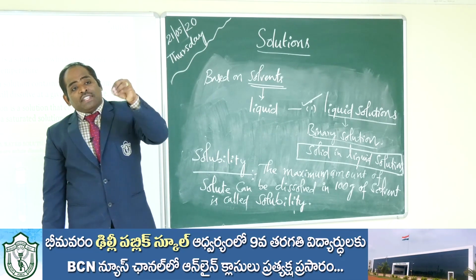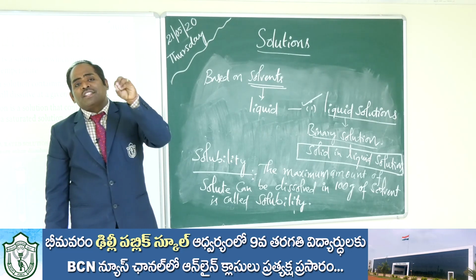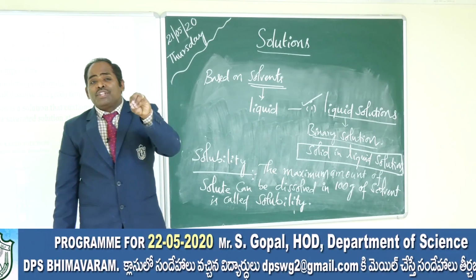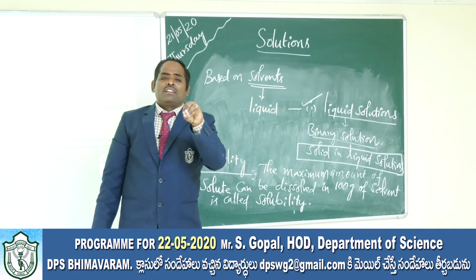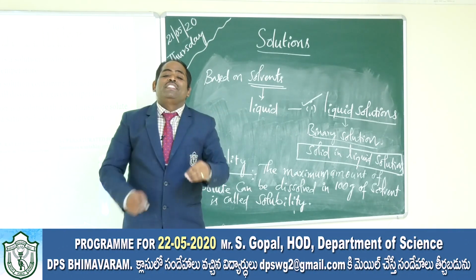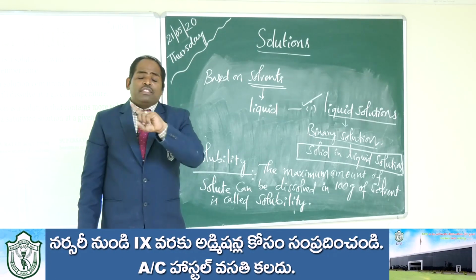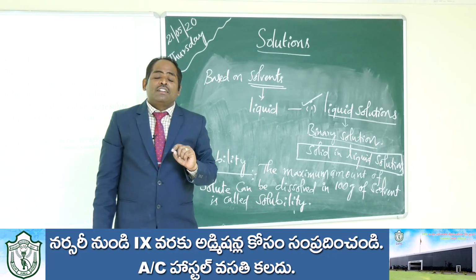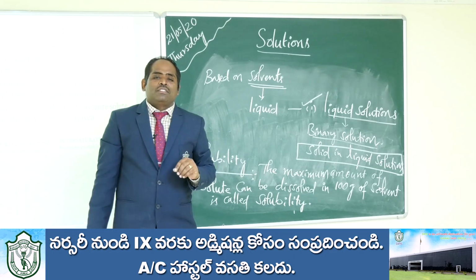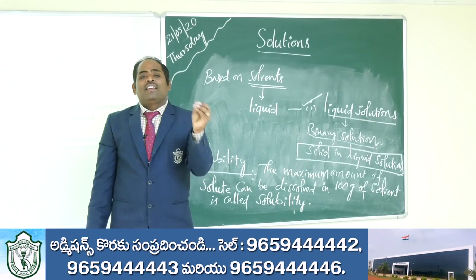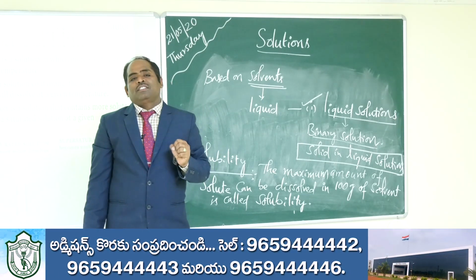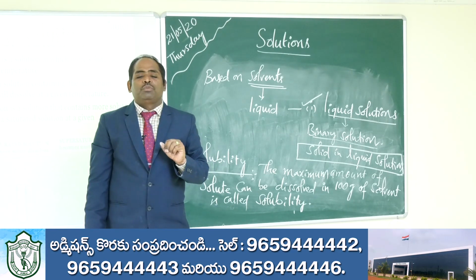So this solute, whatever solid we are adding, is going to dissolve in the water because they like each other. That's why they are dissolving. The same salt if you put in alcohol, it will not dissolve because they don't like each other. Those who like, they can attract. Those who don't like, they won't attract.